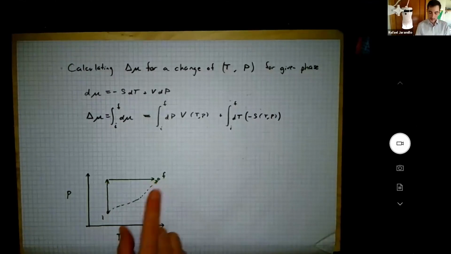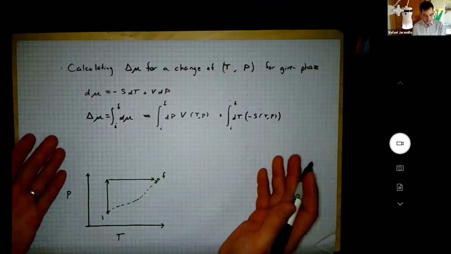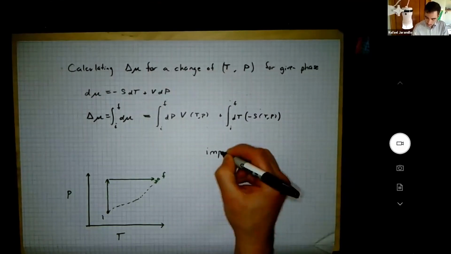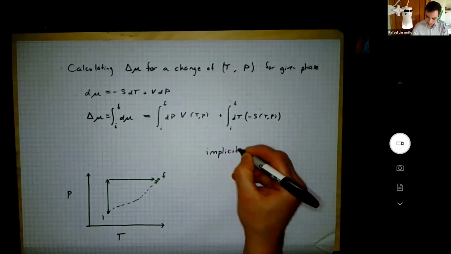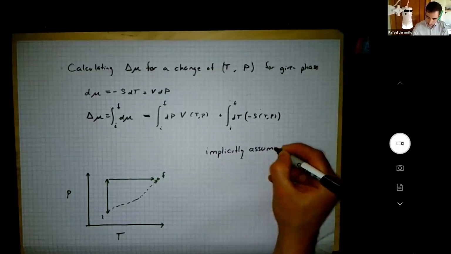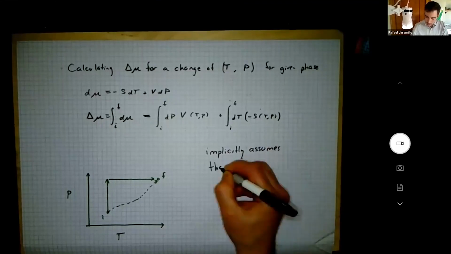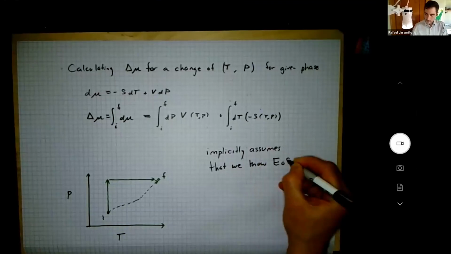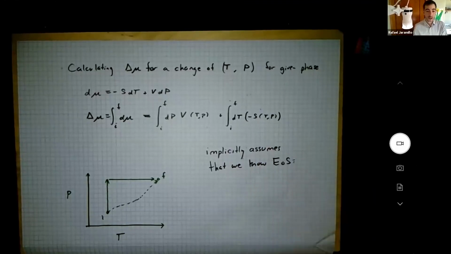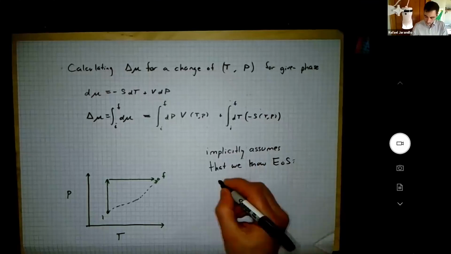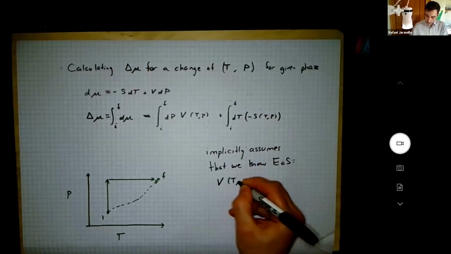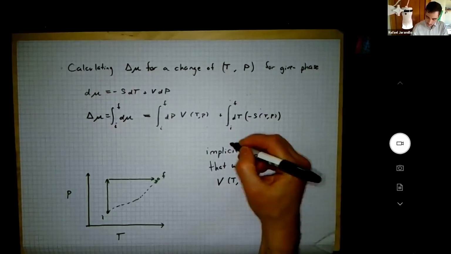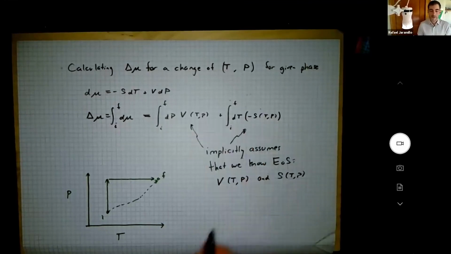And so this is it as far as the calculus is concerned. This implicitly assumes that we know the equations of state, plural, equations of state, V as a function of T, P, and S as a function of T, P. So formally, it's all well and good.